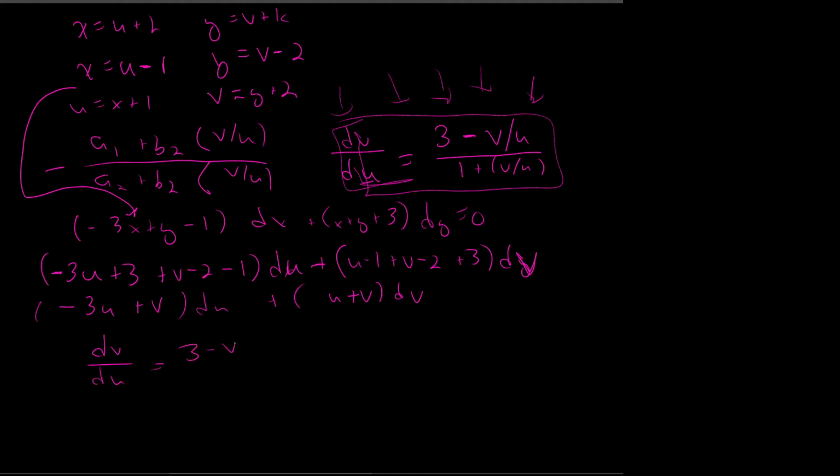Not easier. Well, easier, less complicated, but still complicated. All right, so we need to then think in homogeneous terms, and we're going to say, hey, z is equal to v over u. So let's see, dv/du is equal to z plus u dz/du, right? If I multiply this over here and take a derivative with respect to u, I get z plus u dz/du.